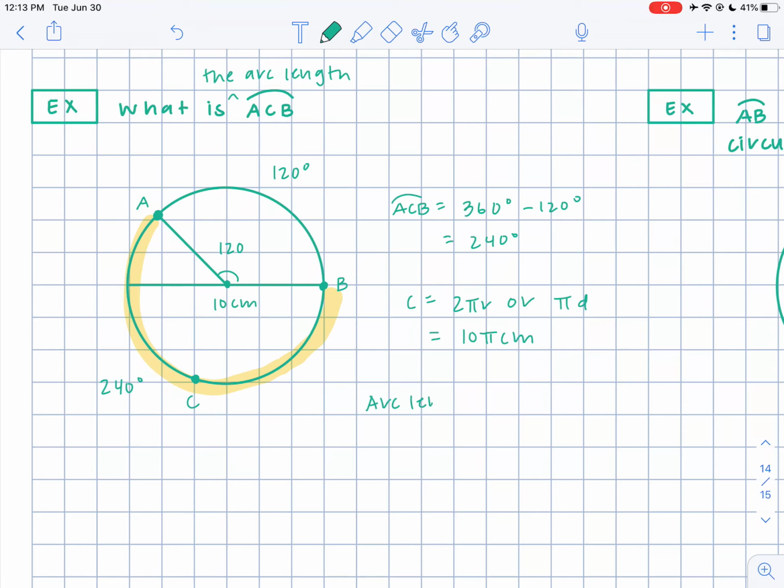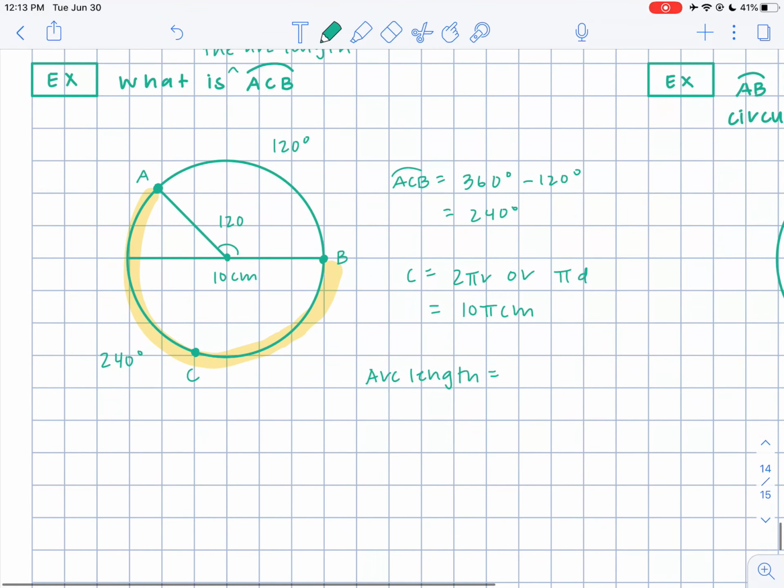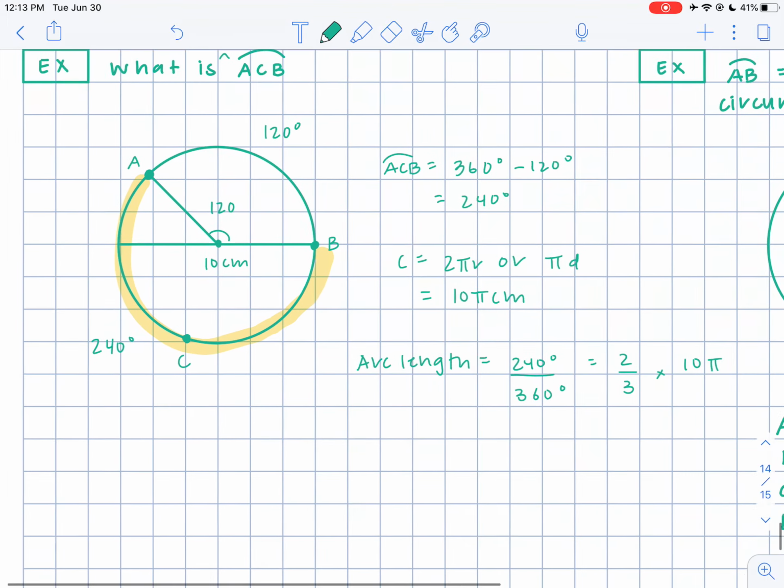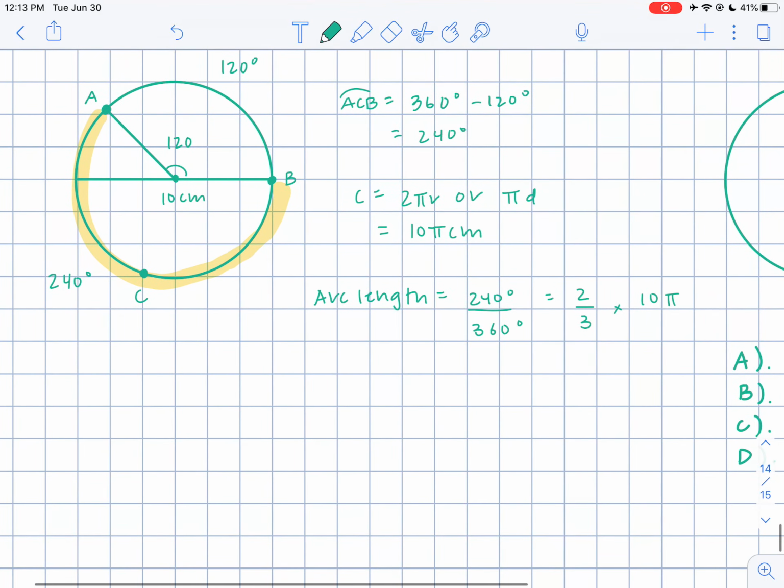Okay, so now what is the arc length of ACB? Remember, arc length would just be the fraction that the major arc makes. Okay, what part of the circumference is the major arc a part of? Well, we know it's 240 degrees, and there's 360 total, and that should give us a fraction of 2/3, and then we multiply that fraction by the circumference, which is 10 pi.